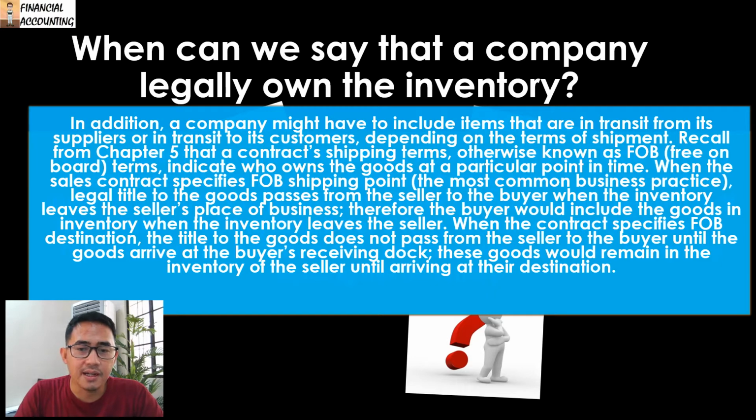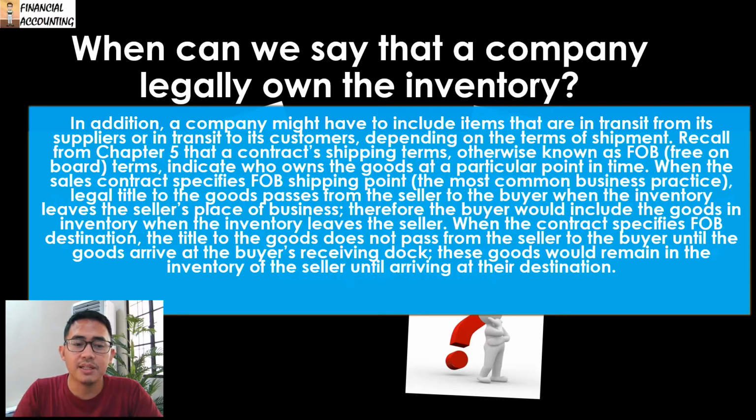Now let's have an example. If the seller is from Cebu City and the buyer is from Manolo Fortich, of course, you cannot just buy goods without freight. There is always a freight because Cebu to Manolo is far, and you need shipping in order for your items to arrive in Manolo Fortich. So if the agreement is FOB shipping point, the transfer of goods happens by the time that the goods are shipped by the seller.